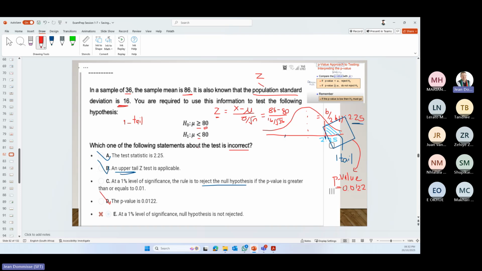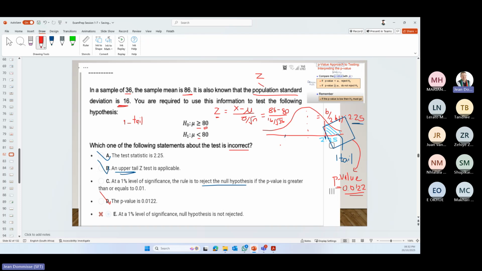If it was two-tail, we would have just multiplied that by 2, because then we wanted the size of the other tail. With one tail, we only take that one side, so that will be our p-value.